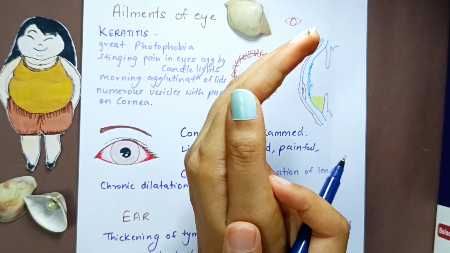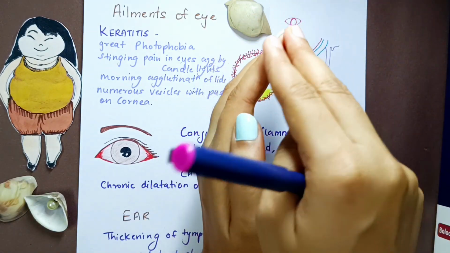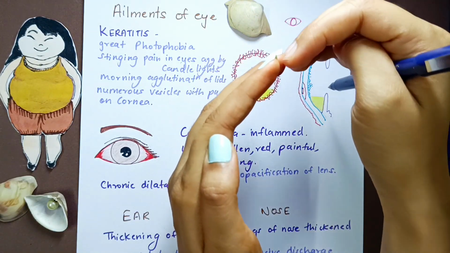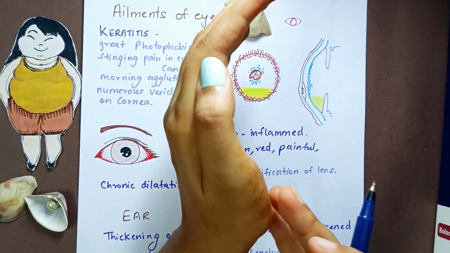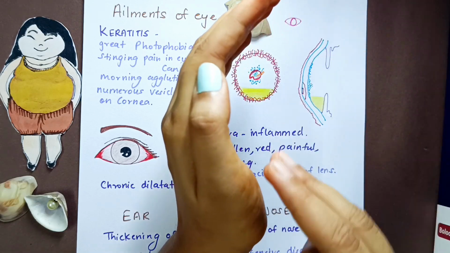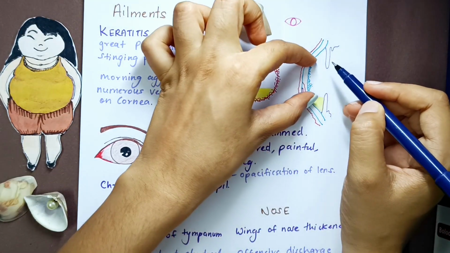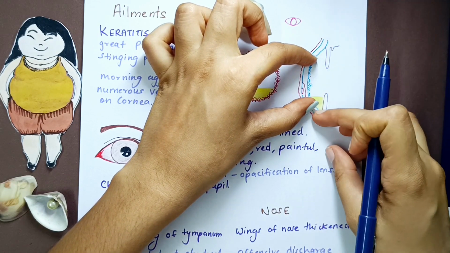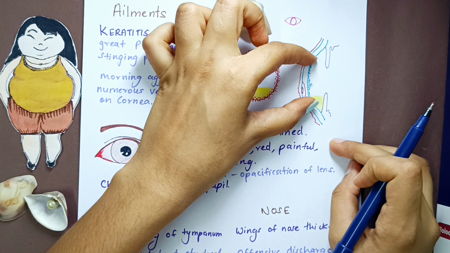It is transparent. Now here if you see it from the side, suppose this is the cornea, then there is a continuation of cornea from here and here. So these parts are actually white in color and these are the sclera. So over here, this part is cornea and the white portion that we haven't drawn actually is the sclera of the eye.